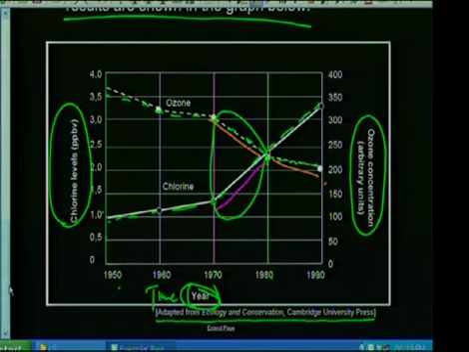From 1980 to 1990, the chlorine level continued to increase sharply, and the decrease in the ozone layer continued to happen, but at a slower rate. So can you see the difference between a general relationship and a trend? In a trend, you're explaining what is happening from point A to B, from B to C, from C to D. So you've got to extract the information from the graph.